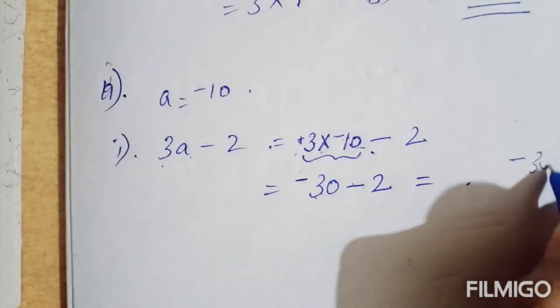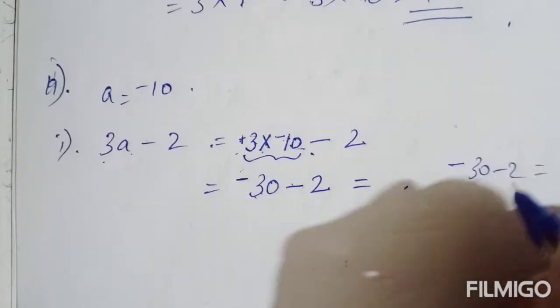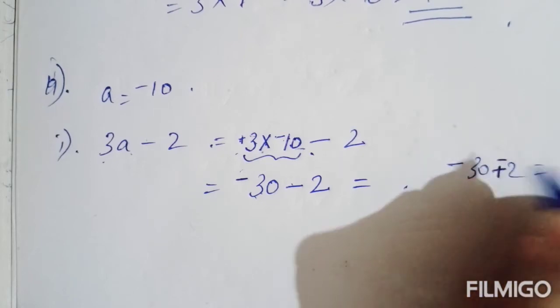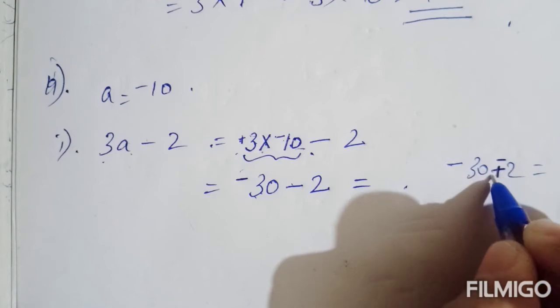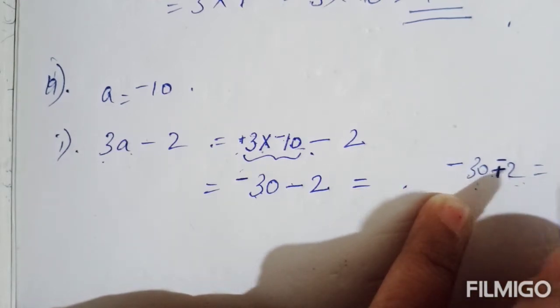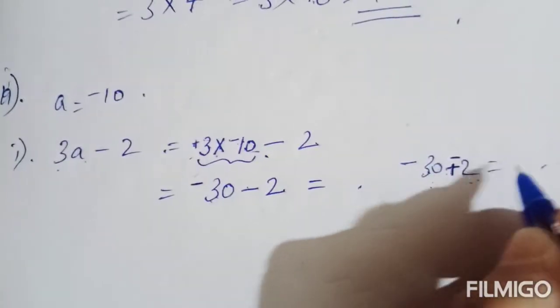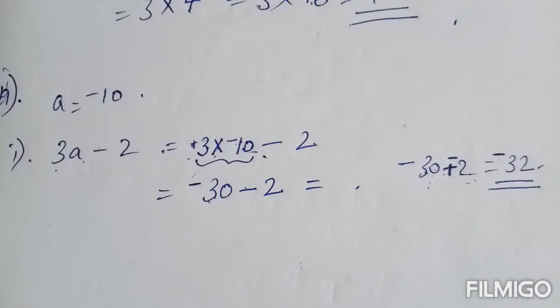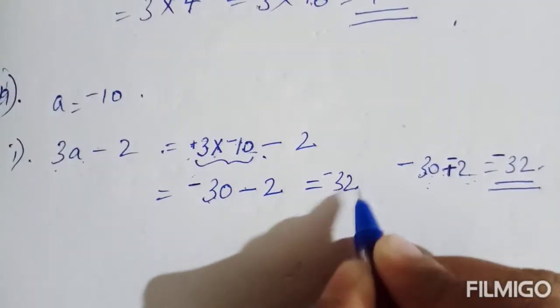This minus sign becomes positive and we change the sign of the next number. Minus 30 plus minus 2, addition of two negative numbers. 30 plus 2 is 32, then put the negative sign. Minus 32 will be the answer.